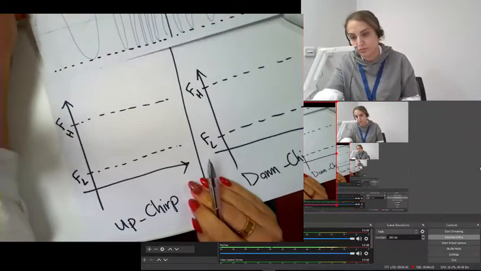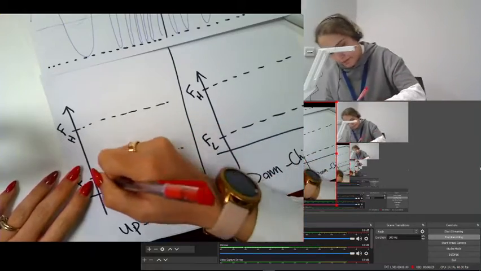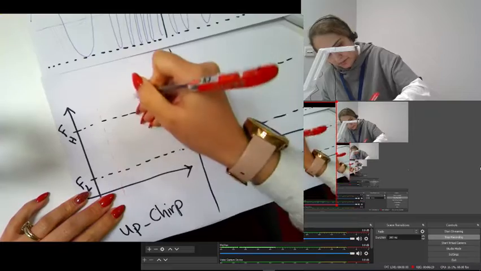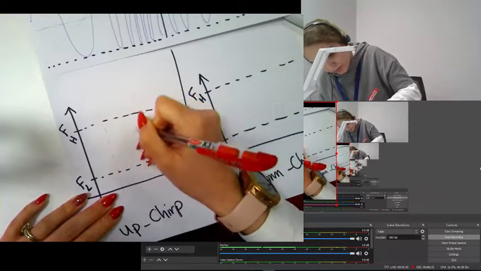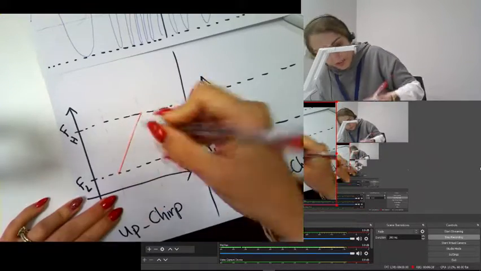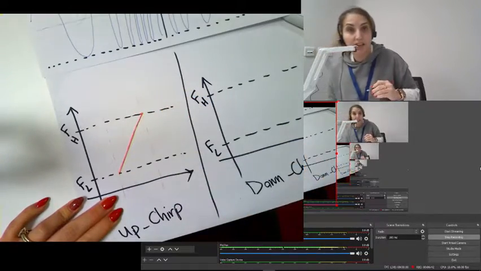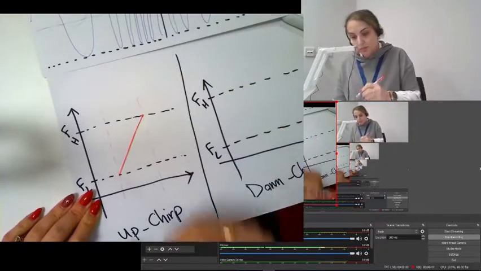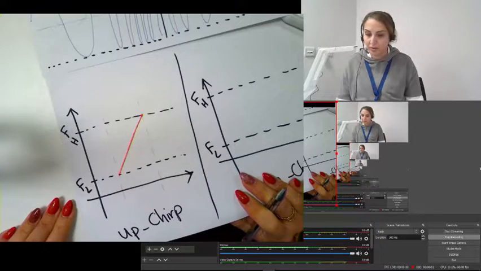So if I want to draw a line explaining that, from here to here is going to be a straight line, because the derivative of that should be a fixed number. So that is representing my up chirping pulse.